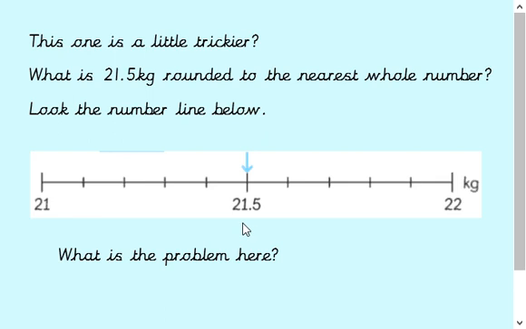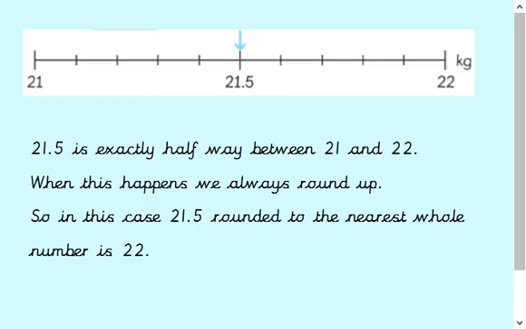So we need to try and think, okay, what are we going to do here? And the answer is the same as it is when we're rounding whole numbers. If it is halfway, we would always round it up. Okay. So in this case, it will become rounded up to 22 kilograms.